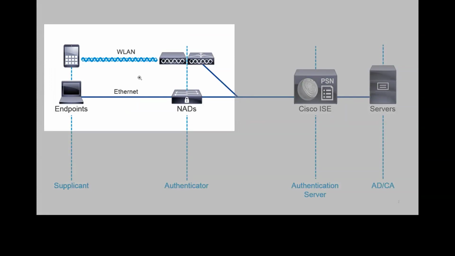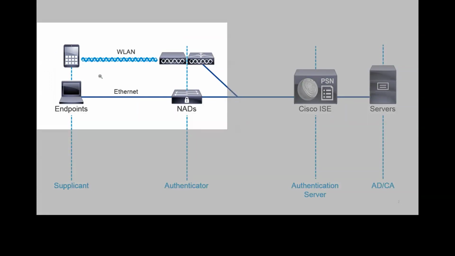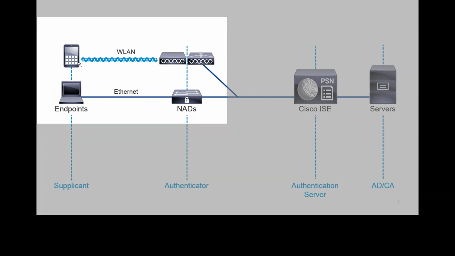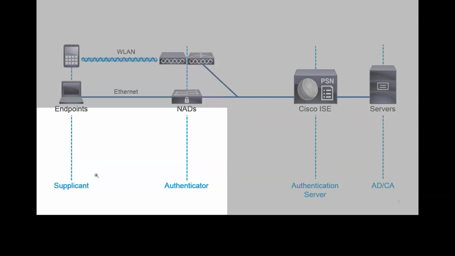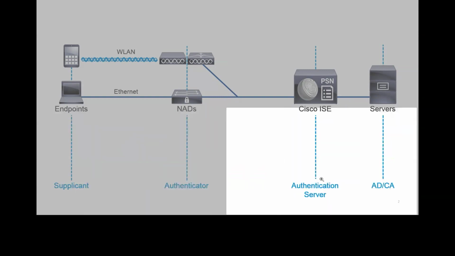Okay, so you can see this diagram. My handheld device endpoints are connecting with the Ethernet. So in this example, we actually have both wired and wireless 802.1x. And for the naming, you can see here the endpoints are termed as supplicant. This is the authenticator. And then you have the authentication server, that's the ISE.